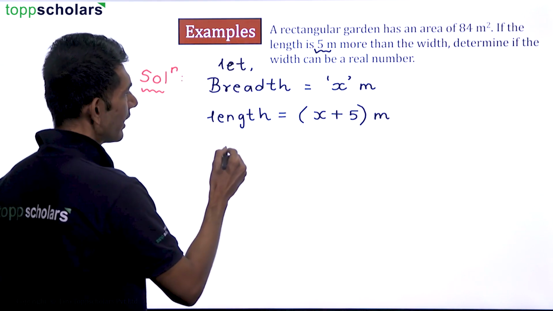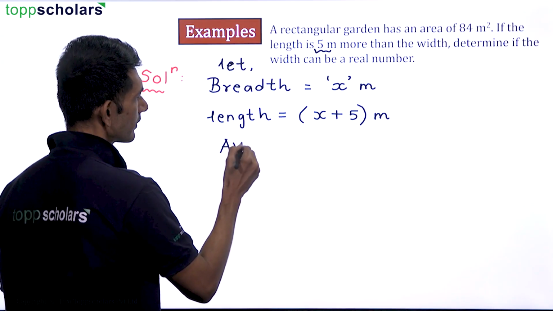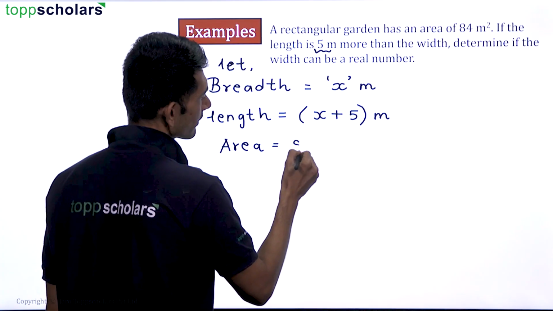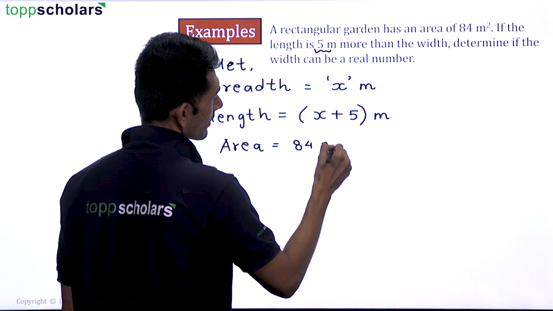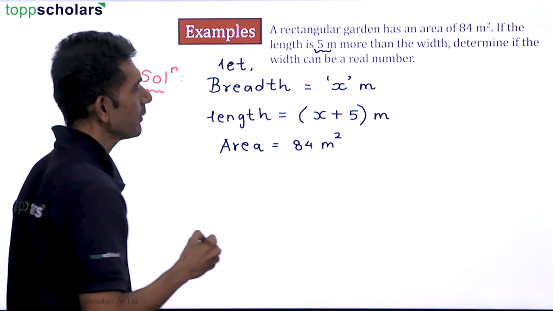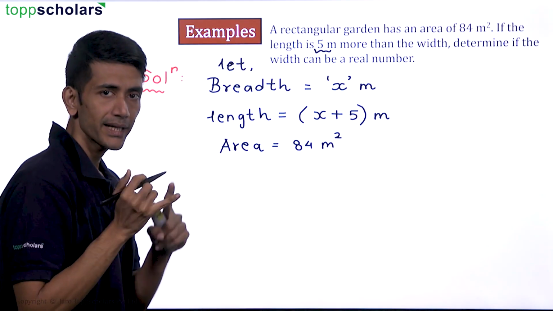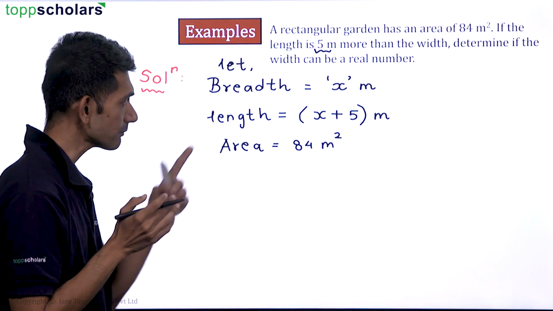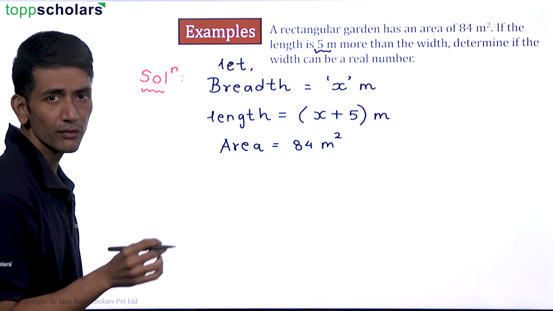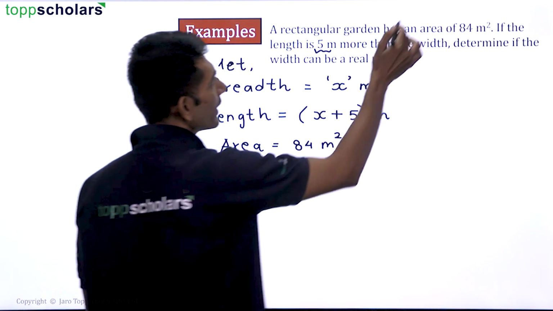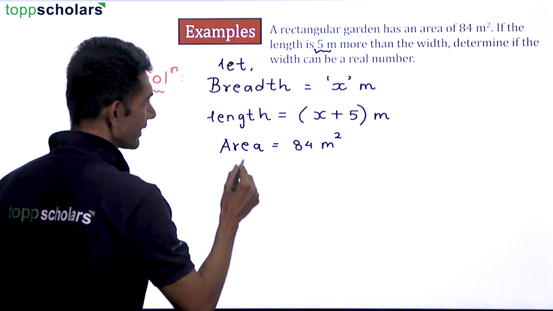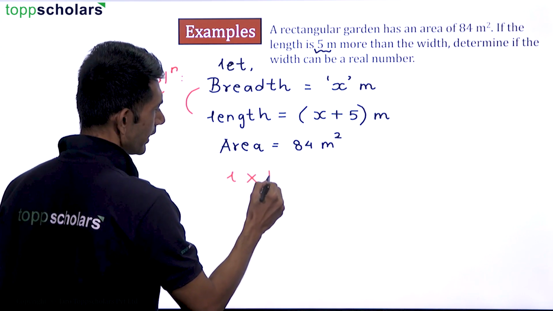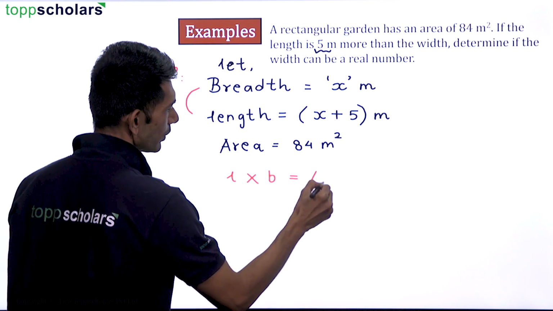And the area is given. Area is given as 84 meters square. Now understand, area is 84 meters square, length is x + 5, breadth is x. What is the formula for area? The formula for area is length into breadth. So length into breadth is equal to area.